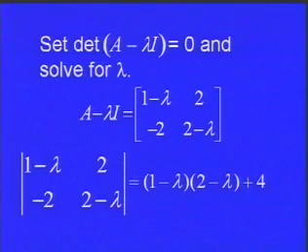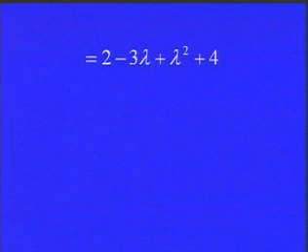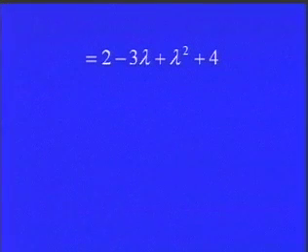When you do the determinant, you get 1 minus lambda times 2 minus lambda minus negative 2 times 2, which winds up being plus 4. Then working out the 1 minus lambda times 2 minus lambda, we get 2 minus 3 lambda plus lambda squared plus 4.